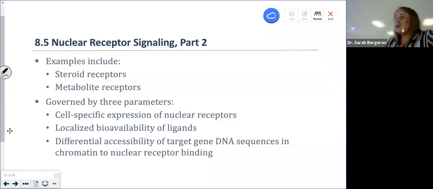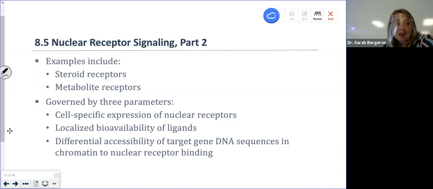So if you think about this receptor, the receptor itself is a protein, correct? So proteins are controlled by expression levels. How much you transcribe that DNA into mRNA and you turn that mRNA into protein. So we call that expression.